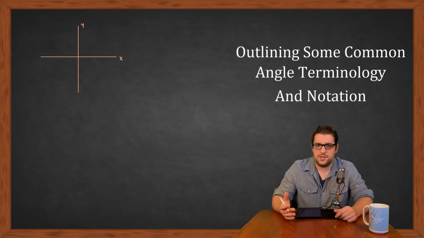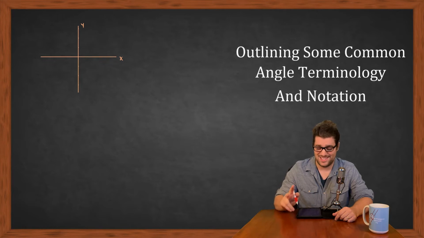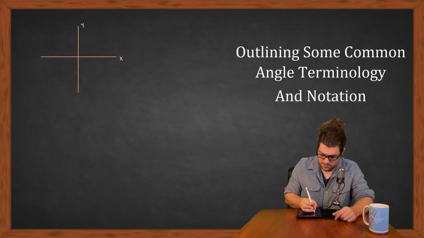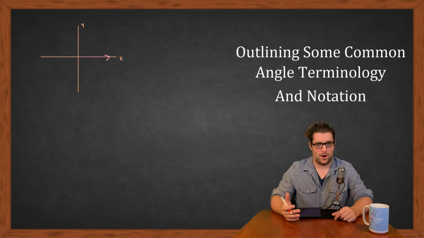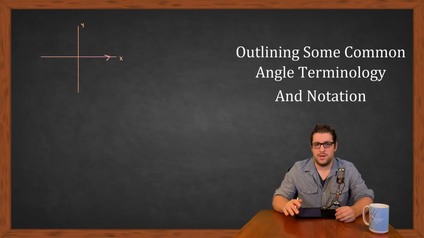Now, we actually have a way of representing angles that's considered a standard method for representing these things on the Cartesian plane. If we are to do that, the first of the two arms or rays of the angle lies along the positive side of the x-axis. So we're always going to put the vertex of our angle directly on the origin.